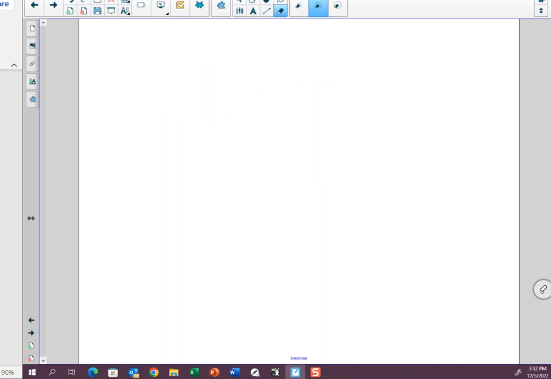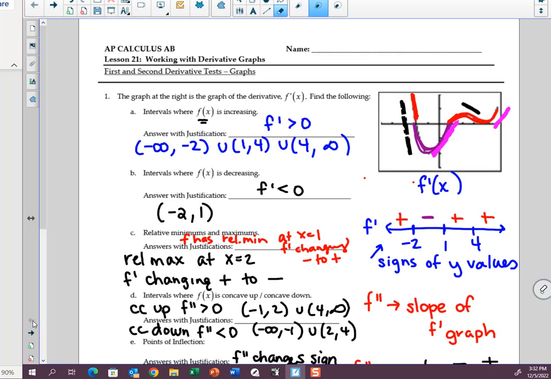If we still haven't gotten everything organized that we know about how to tell, from f prime, what f is doing, that's where we need to go back to lesson 20. All of those details are in the lesson 20 notes. I actually think I have another handout that I'm going to post for you.